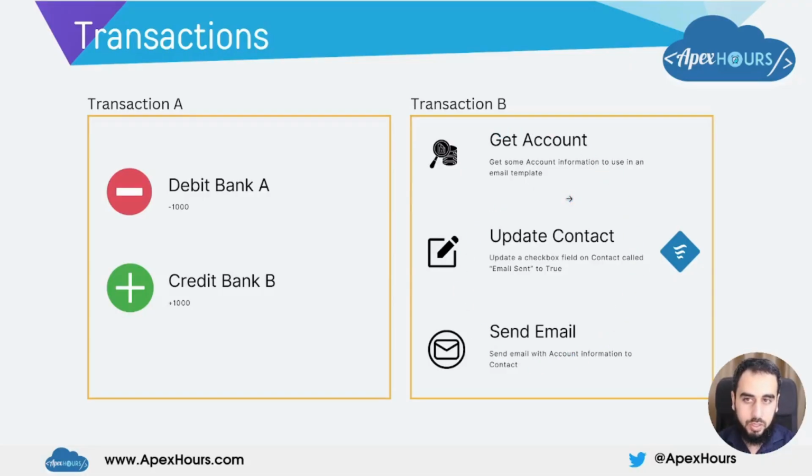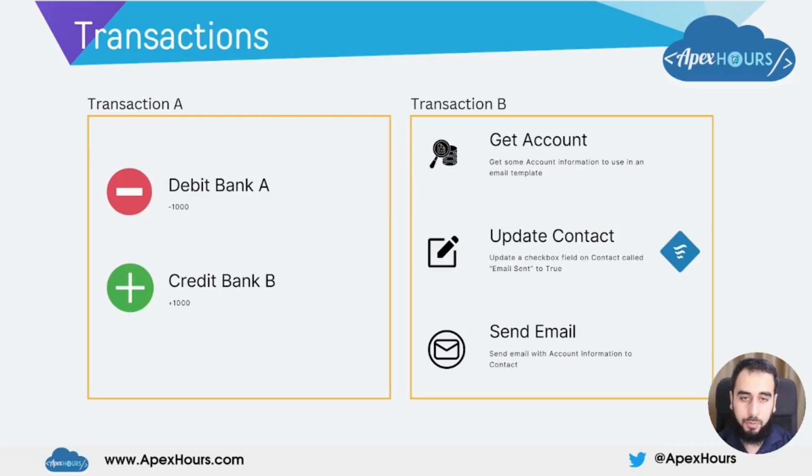What defines a transaction as well is that all of it is going to succeed, or all of it is going to fail. So if the send email, for example, fails for some reason, then all three of these fail. Nothing gets committed to the database, nothing gets sent out. Either the entire transaction is successful, or the entire transaction is rolled back.